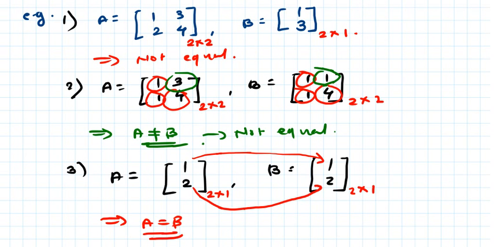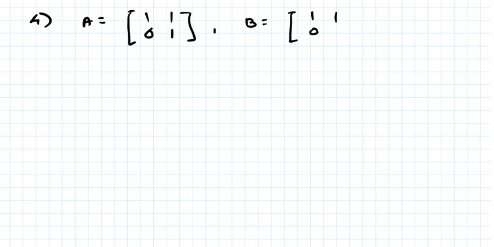Is it clear? Now we will see one more example. Example number 4. Suppose I take the matrix A as 1 0 1 1, and the matrix B is again 1 0 1 1. Then the question is whether the matrices are equal or not. Now observe the order first. Order is 2 by 2, and here the order is also 2 by 2. Now check the elements.